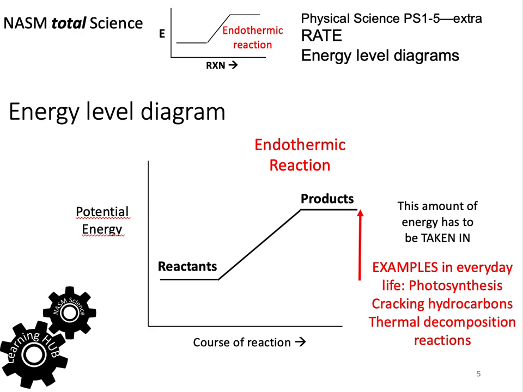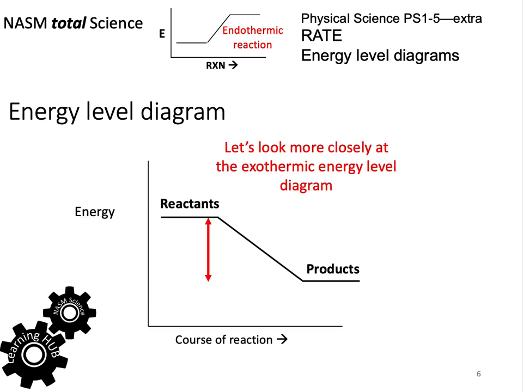Examples in everyday life: photosynthesis, using sunlight for the energy, cracking hydrocarbons, breaking long molecules down into shorter ones for different uses, and thermal decomposition reactions. If you heat calcium carbonate, you'll end up with calcium oxide and carbon dioxide.